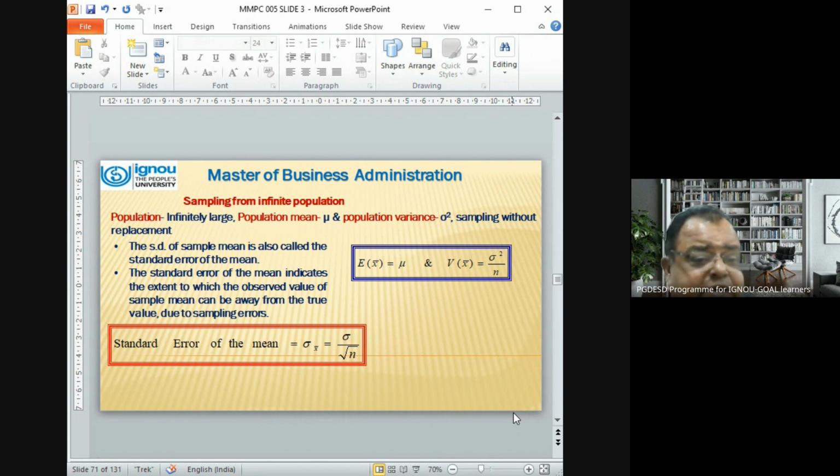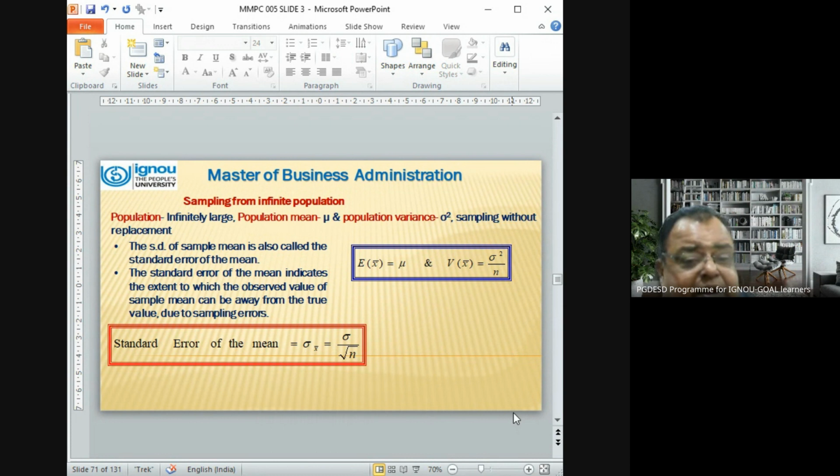The standard deviation of the sample mean is also called the standard error of the mean. The standard error of the mean indicates the extent to which the observed value of the sample mean can be away from the true value due to sampling errors. Why will there be variation? Because of error.